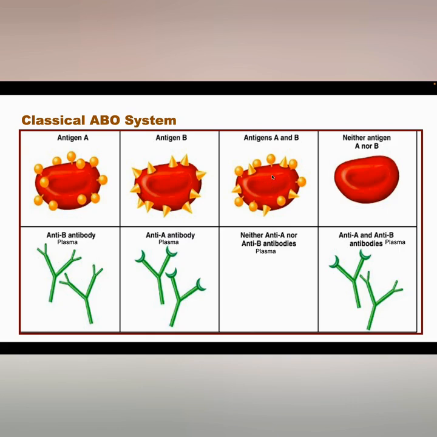In AB blood grouped people, both antigen A and antigen B are there, but no antibodies are present over here. In O blood grouped people, there is no antigen A or antigen B, but both antibody A and antibody B are present in the plasma.